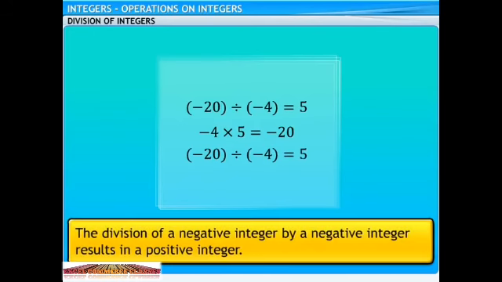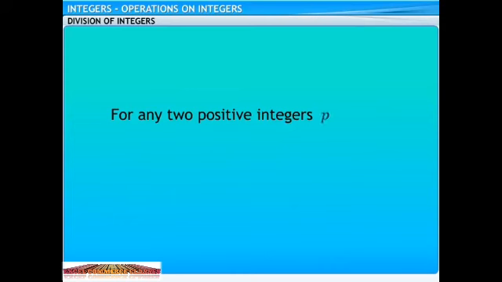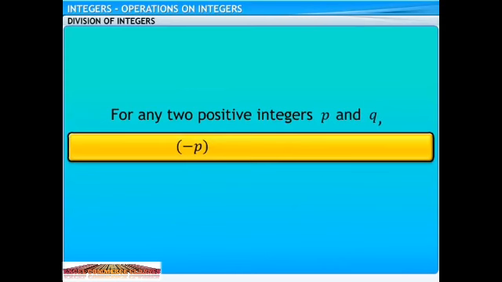You can see that the division results in a positive integer. Here the two integers are divided as whole numbers and a plus sign is placed before the quotient. So in general, for any two positive integers, p and q, minus p divided by minus q is equal to p divided by q, where q is not equal to 0.